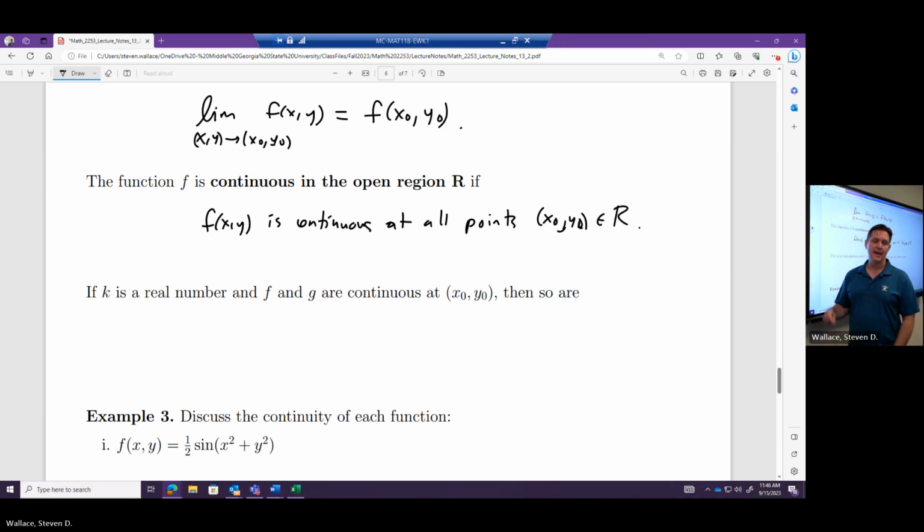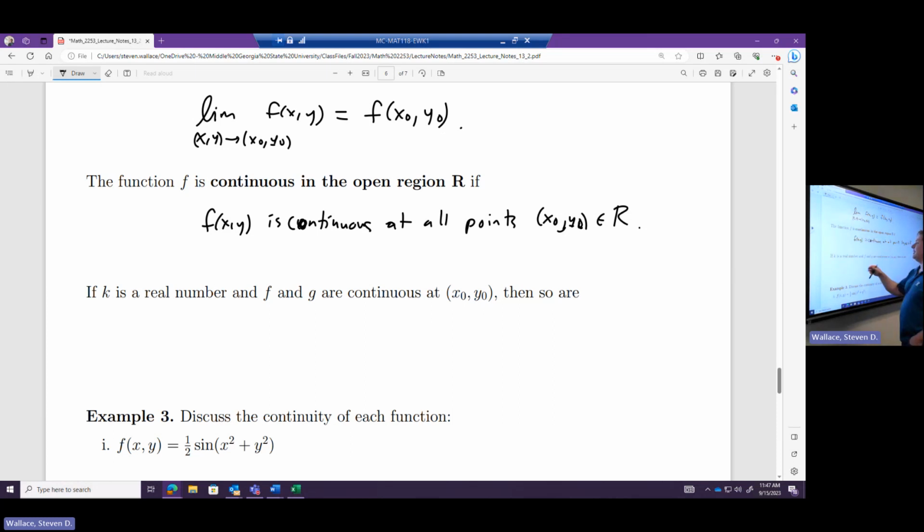Okay, and just like the limit laws were consistent between single variable and multivariable functions, so are the rules and theorems about arithmetic of functions. Arithmetic of continuous functions gives you continuous functions.